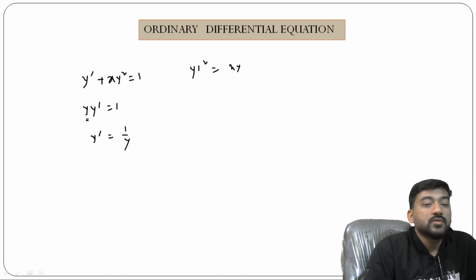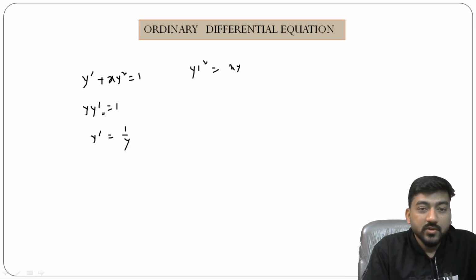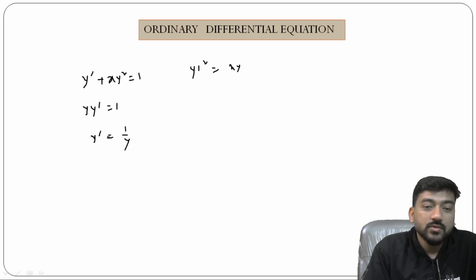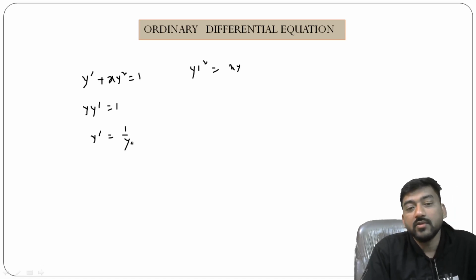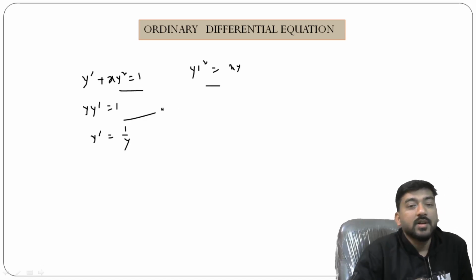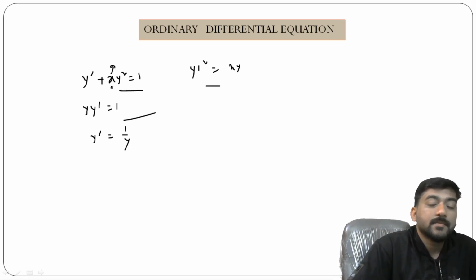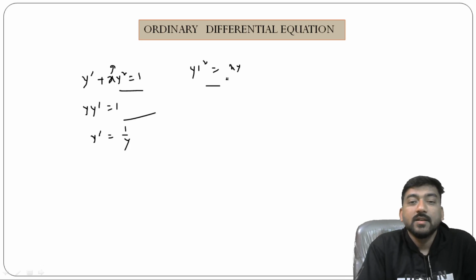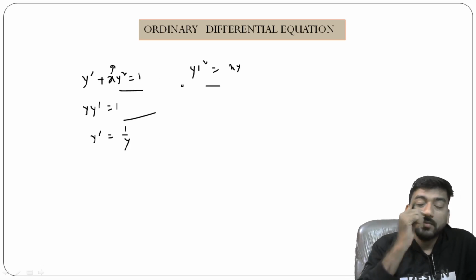The coefficient of y dash cannot be y, it should be a function of x. If you move this y to this side, it will be y to the power minus 1. So this is also nonlinear. These equations are actually nonlinear differential equations. But you can see here the coefficient is x, so the coefficients may be of x or may be constant.